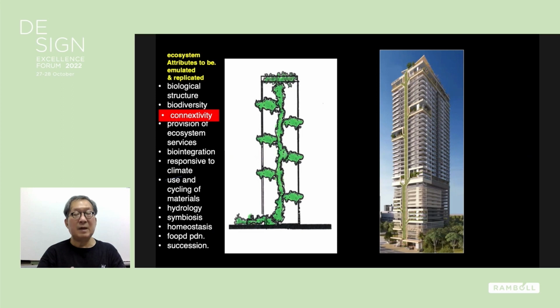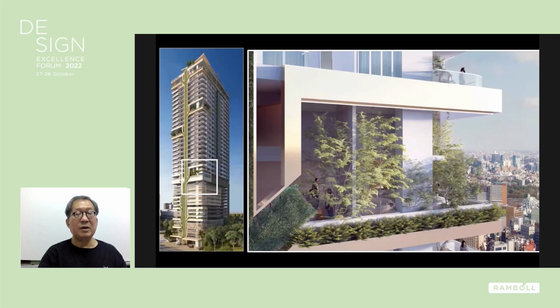So the idea was, as you can see here, a tree-shaped building where we had vegetation that climbs up like a tree, and then it spreads out like branches into pockets of balconies, which also collect rainwater. So in many ways, the building is a rainwater magnet that collects the rainwater, which is then recycled.